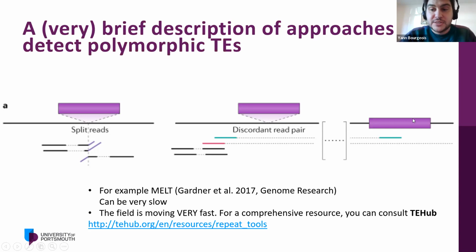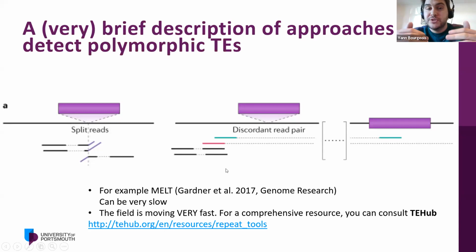They take the part that does not map back on the reference genome and try to map it on a consensus reference for different TE families. This way you can identify the genomic regions where you have a potential TE insertion.